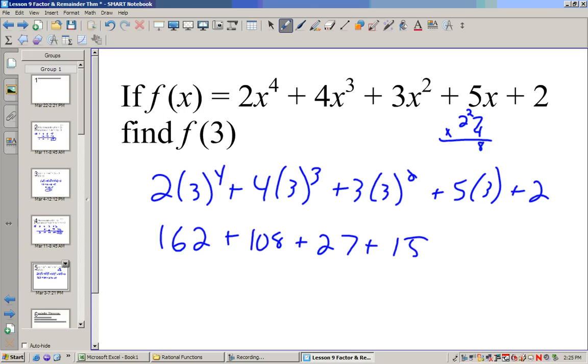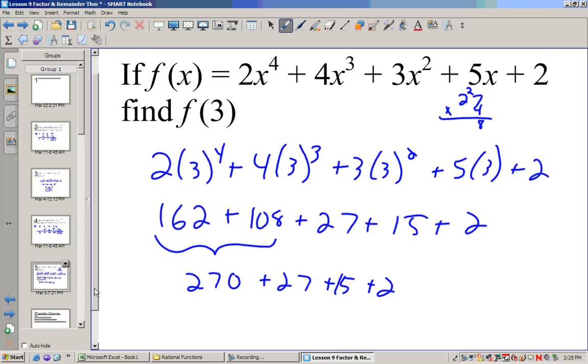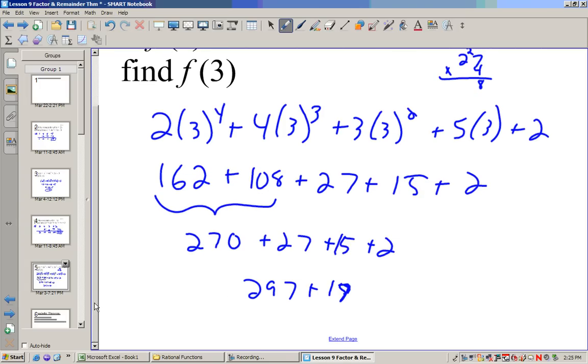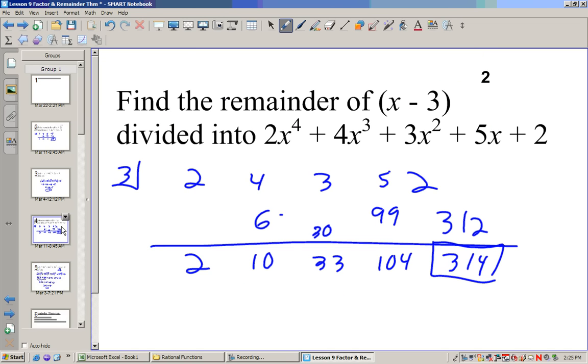This would be 15, and then add 2. So now if we add these together, these two would give us 270 even. And now 270 plus 27 is 297. 297 plus, combine those to say 17, that would be 314. Did I get the same value?